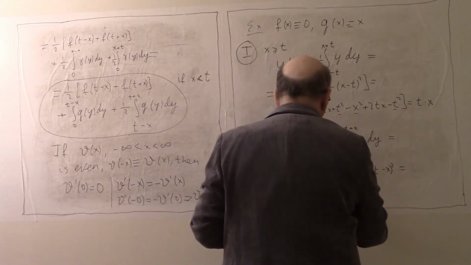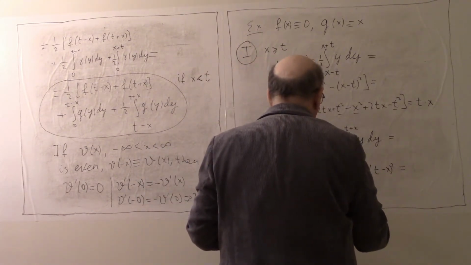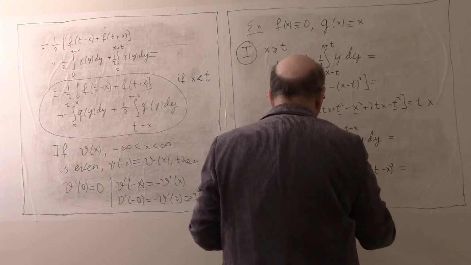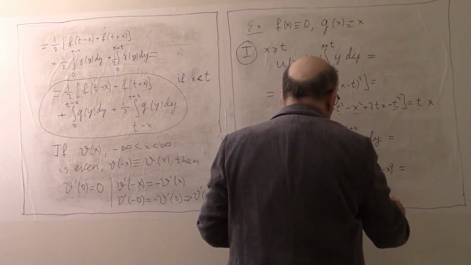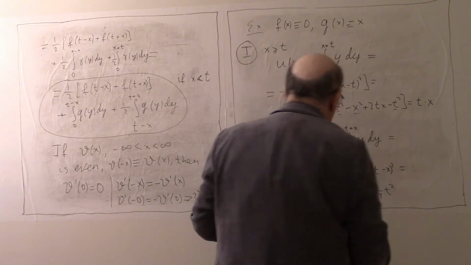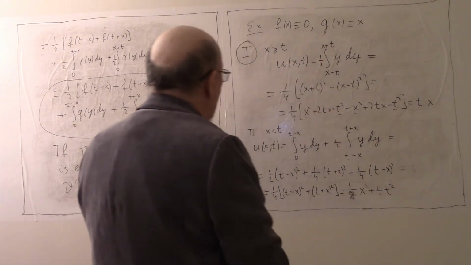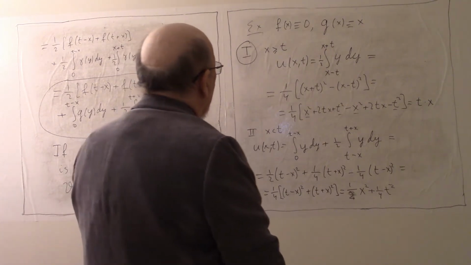It is 1/2 x squared plus 1/2 t squared. Yes, so we have this.